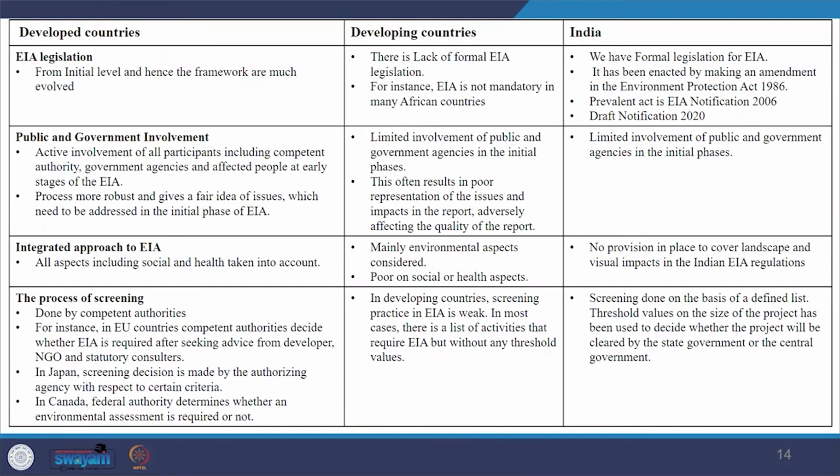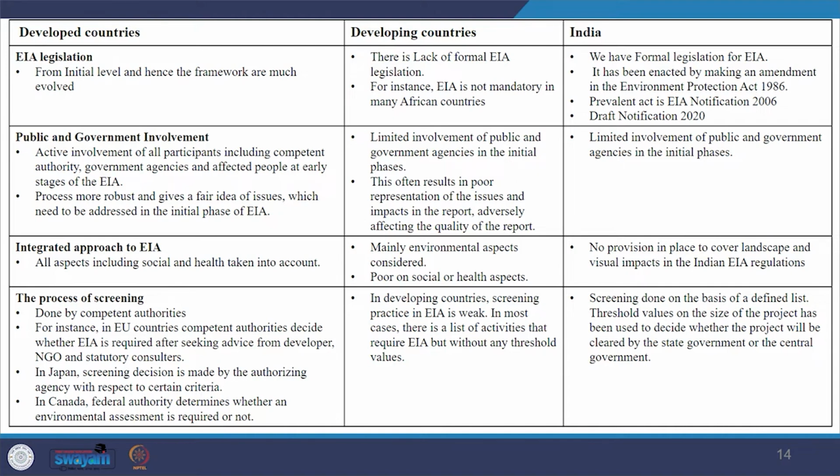Moving on to the other aspect, when we look at EIA regarding public and government involvement, we see that in the developed countries, as per this review, there is active involvement of all participants in the process of public involvement, including the competent authority, all the stakeholders, the government agencies, and even the affected people at a very early stage of the EIA.